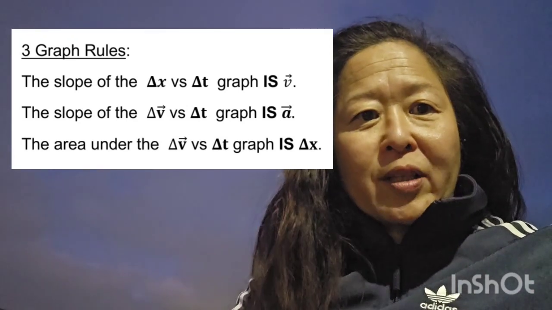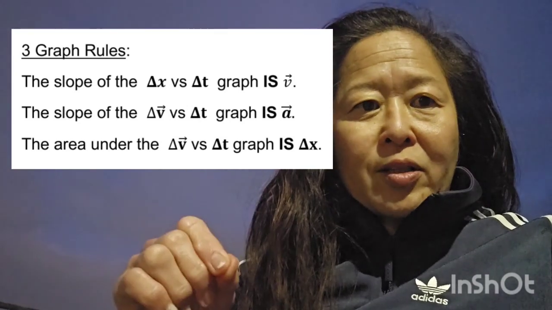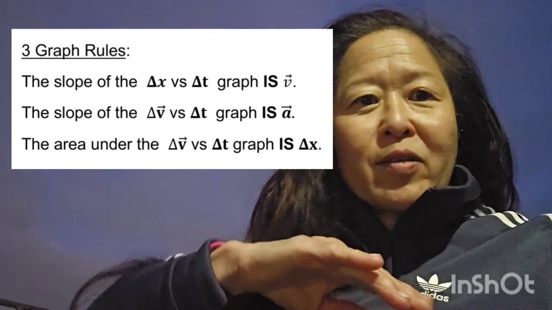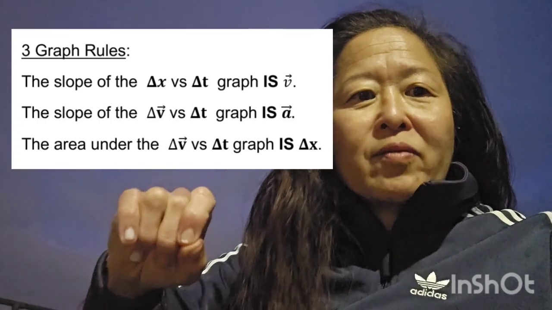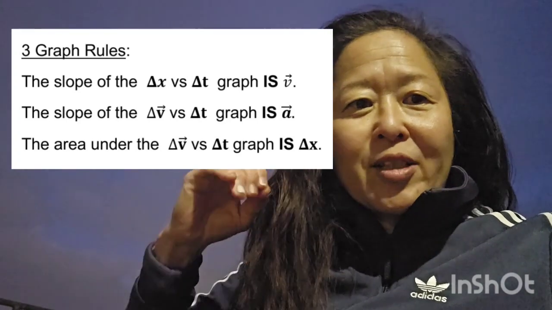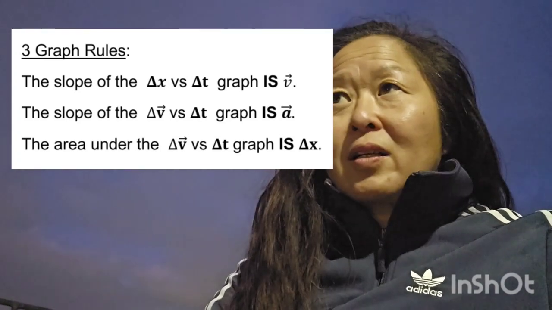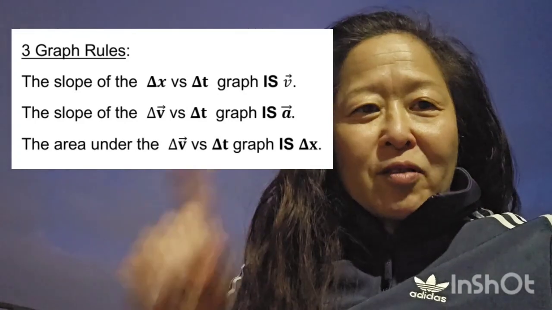The slope of delta x versus delta t is the velocity. That means whatever value you get for the slope of the line, if that's positive, that means the velocity is positive. If the slope is negative, that means the velocity is negative. And if the slope is 0, that means the velocity is 0. All right, that's the first rule.